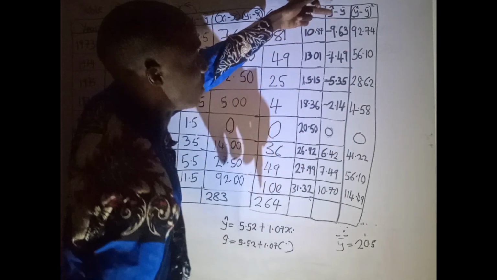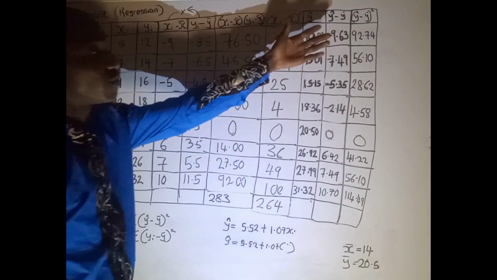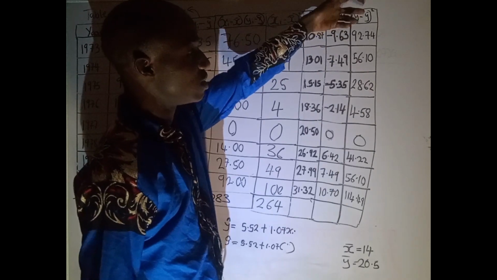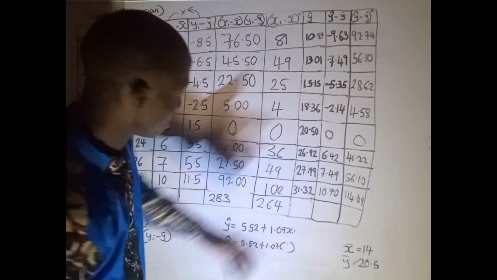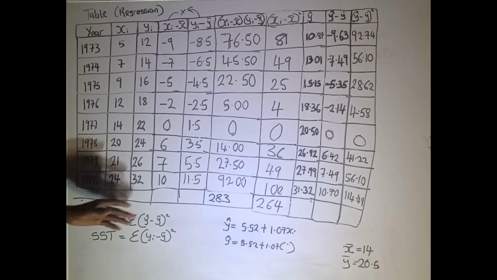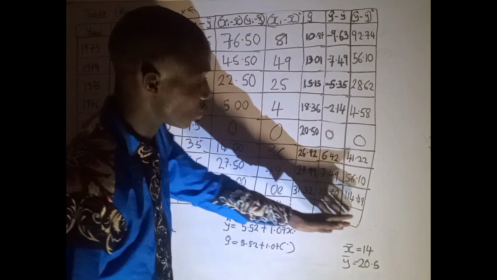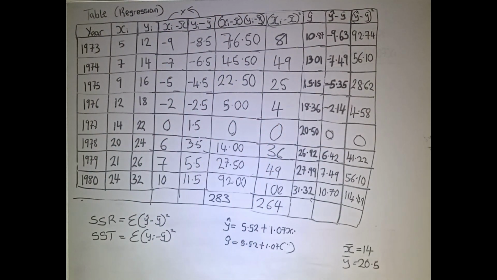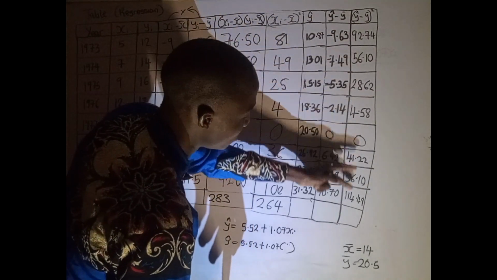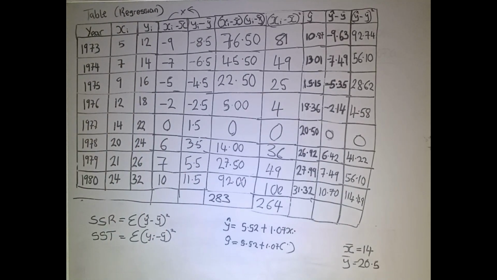You square the predicted value of y minus mean value of y. Now we have already gotten the value of predicted value of y minus the mean value of y squared. Going back to my formula, the formula says I should sum it. This sign means summation. So I'm going to sum the values of this column, and when I add all this together, the final answer will be 393.85.